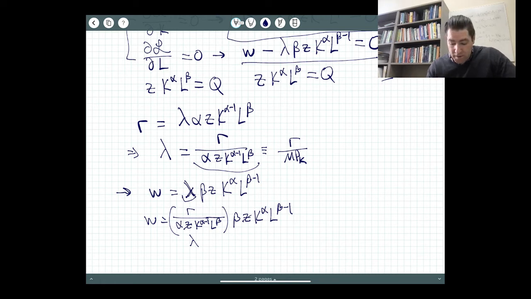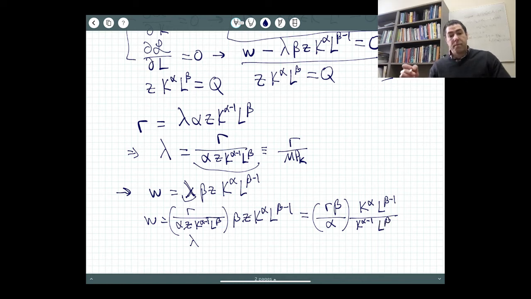And if I put all the constants together, then what we have here is R beta over alpha times k to the alpha L to the beta minus 1 over k to the alpha minus 1 L to the beta.